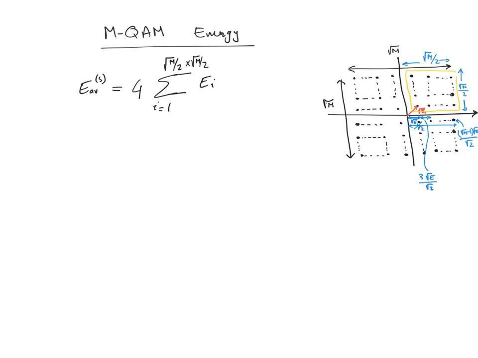And then you have to divide all of this by the total number of points in the constellation, which is basically M. So E average per symbol is equal to, now I'm not trying to find an expression, even though you can work out the math and find a closed form expression for this, but rather than doing that, I prefer that you just know how to calculate it, right?